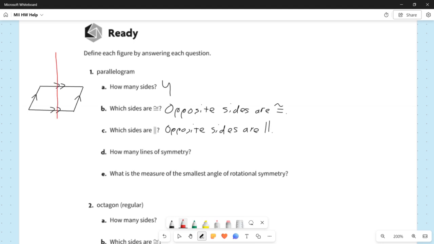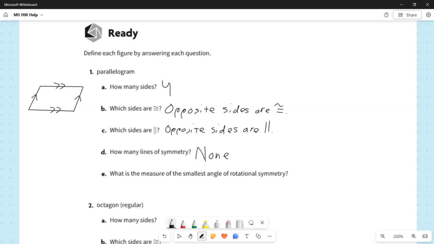So, theoretically, if I were to draw this line like that, that's not a line of symmetry because if I take the left and fold it over onto the right, it's not going to overlap when it gets to the right. That is not a line of symmetry. And it turns out that with a parallelogram, we are not guaranteed to have any lines of symmetry. So for 1D, the answer is none.